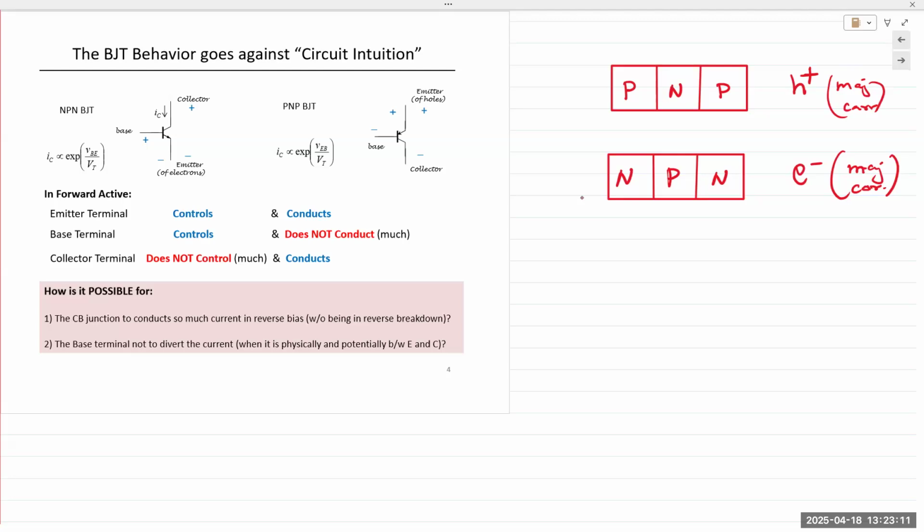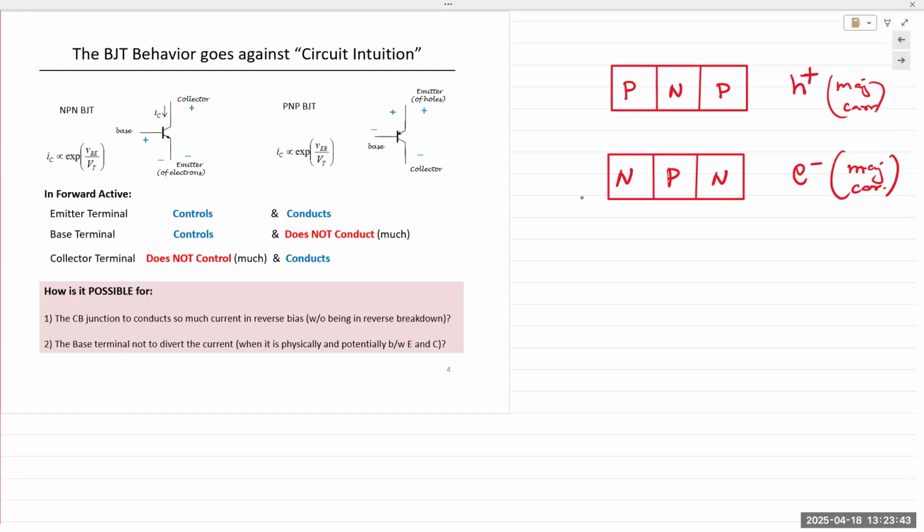So if you have electrons as the majority carrier, you have holes as the minority, and if you have holes as the majority carriers, you have electrons as the minority. So the electrical current is a result of both kinds of charges. Hence the name bipolar junction transistor, which, if you think about it, even the diode is a bipolar device because the electric current is both electrons and holes. All right, so it's a sandwich layer.